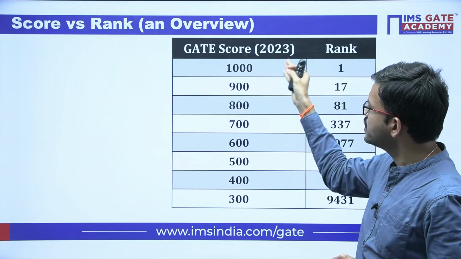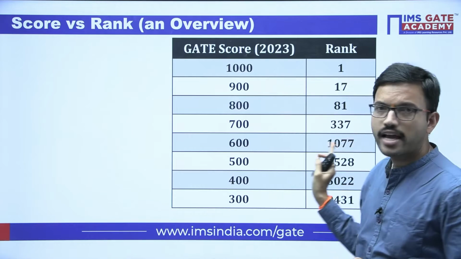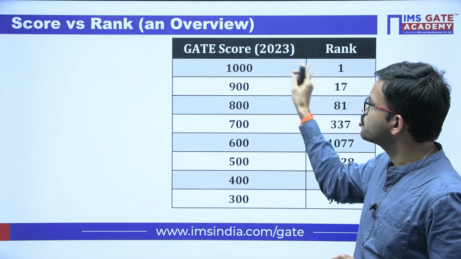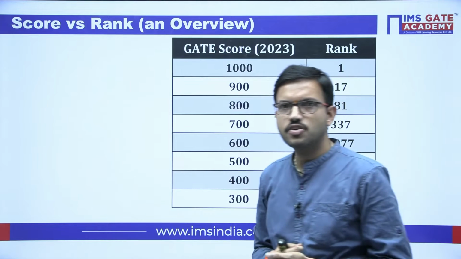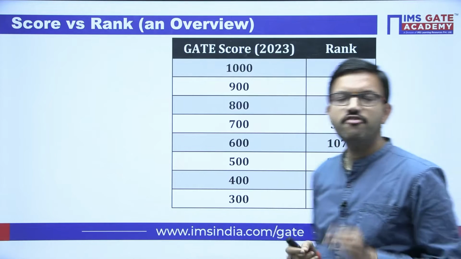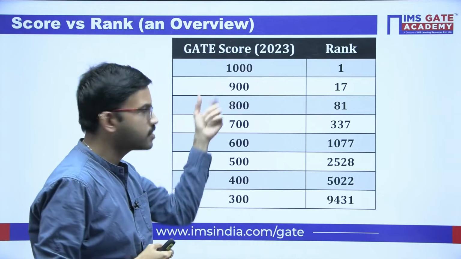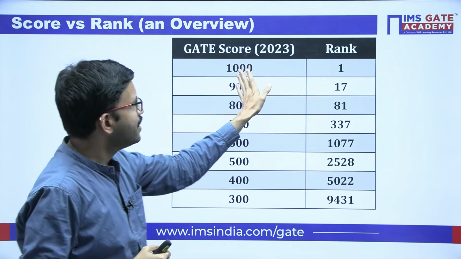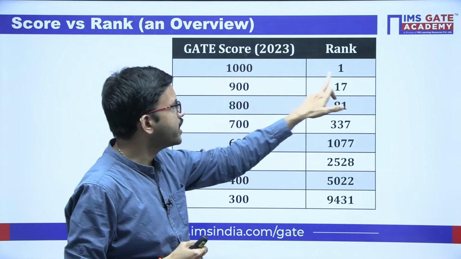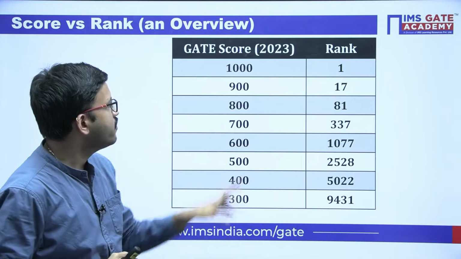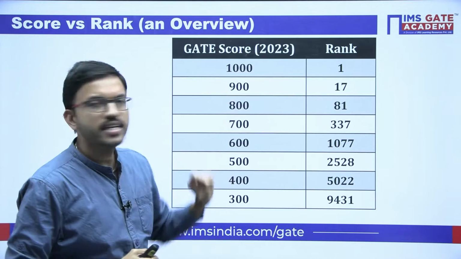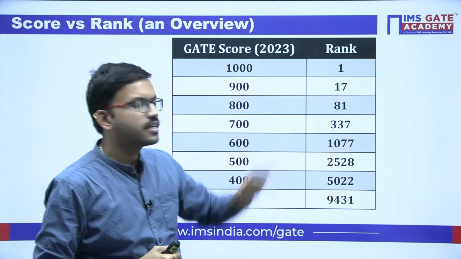Whatever scores and ranks I have mentioned here are based on the 2023 GATE exam statistics. In general, every year whoever gets rank 1 will get a GATE score of 1000. Similarly in 2023, rank 1 had a GATE score of 1000, whereas for a GATE score of 900 the rank is 17.